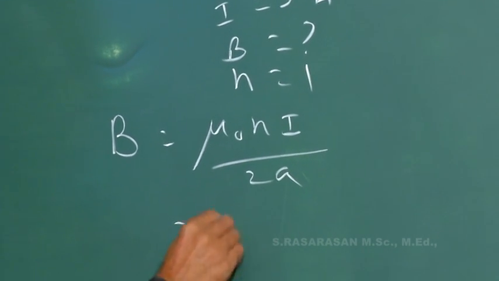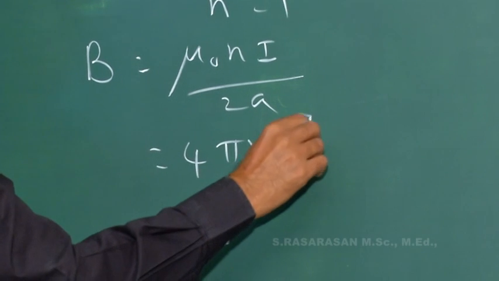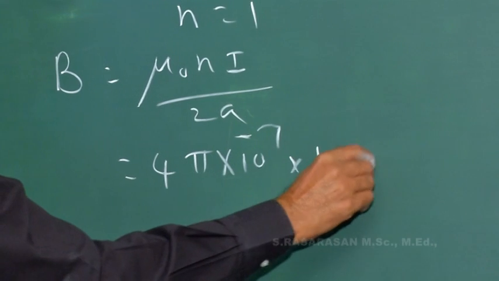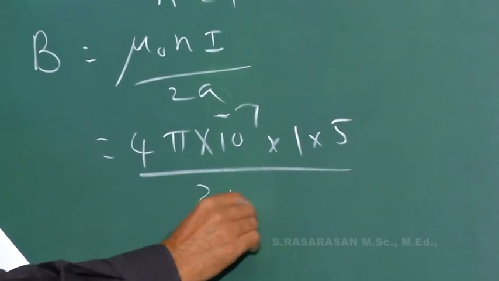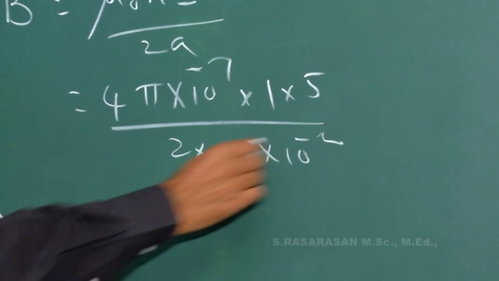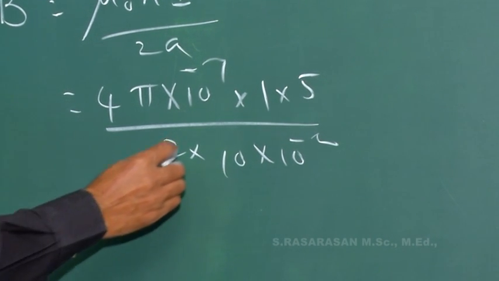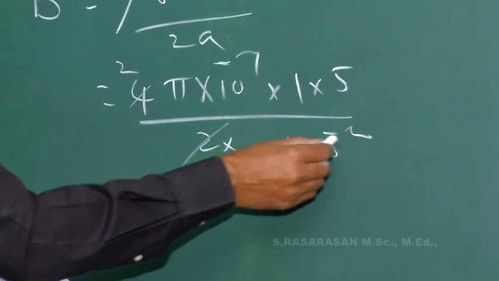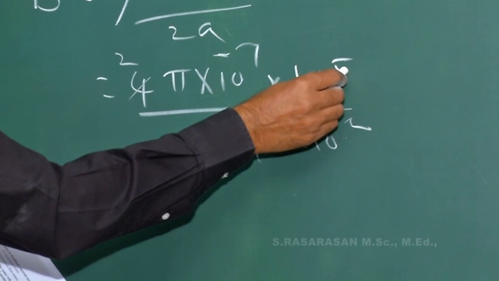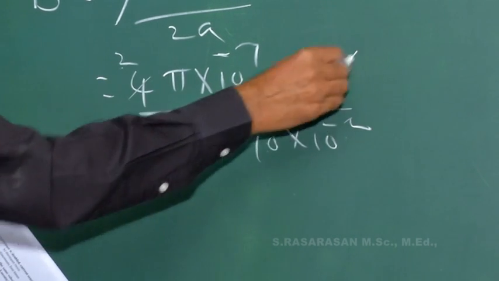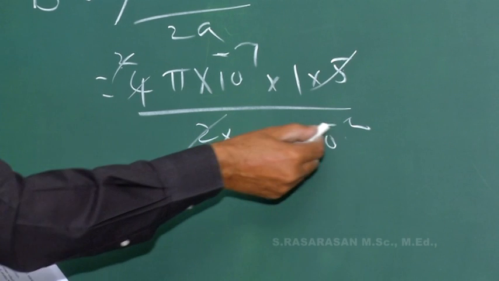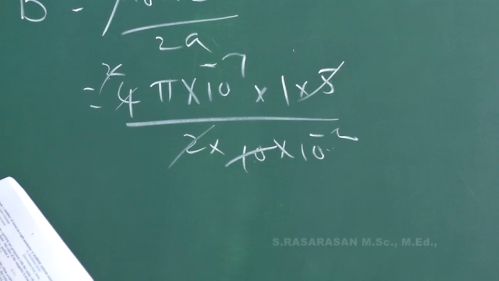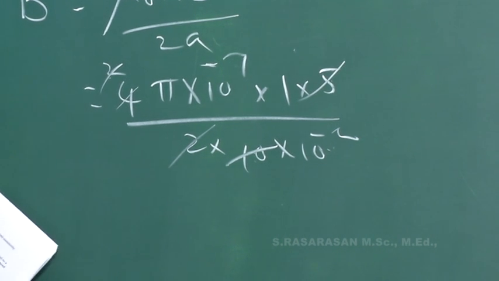Solve it. Mu naught is 4 pi into 10 power minus 7. Number of turns is not given, so take it as 1. Into I is 5, by 2 into a, which is 10 centimeter, 10 into 10 power minus 2. 2 into 5 is 10, and the 10 cancels. 10 power minus 2 in the denominator becomes 10 power plus 2. 10 power minus 7 times 10 power plus 2: a power m and a power n gives a power m plus n.